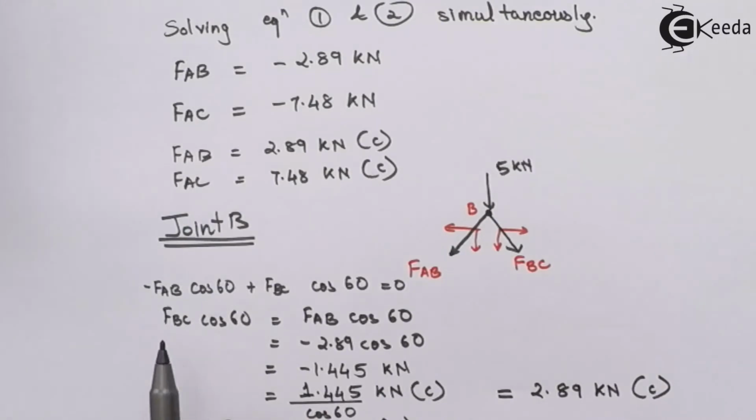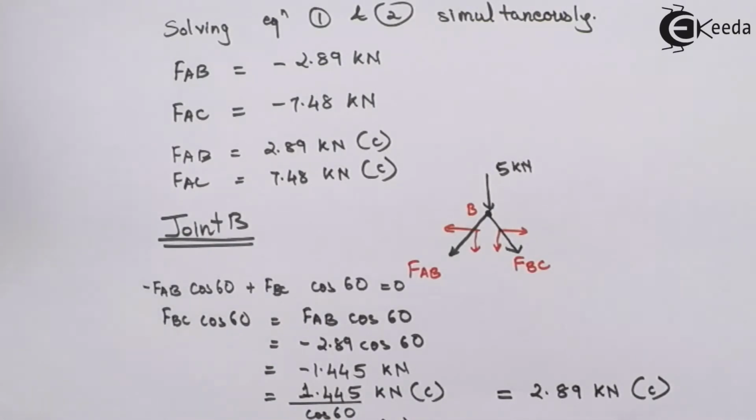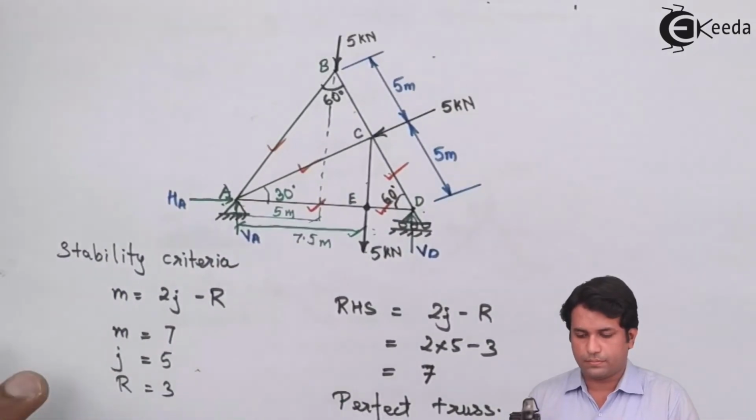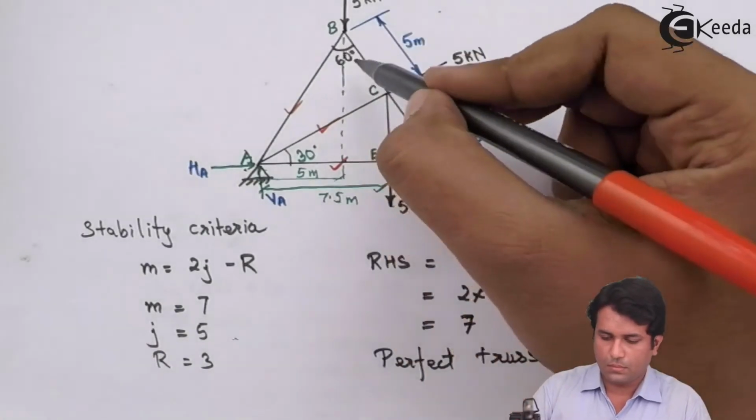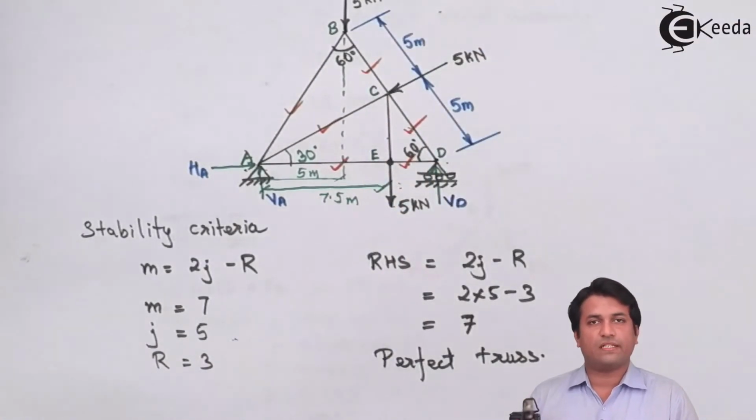So we can see that the force in member BC is 2.89 kilonewton compressive force.